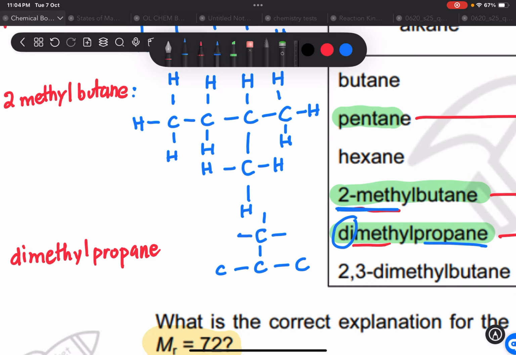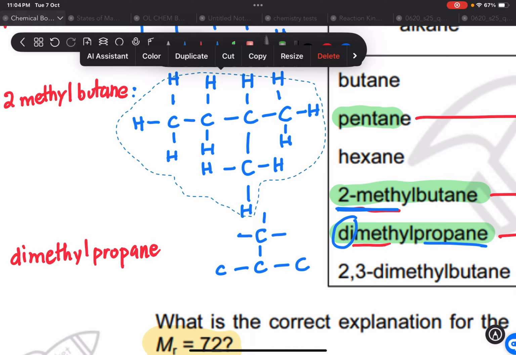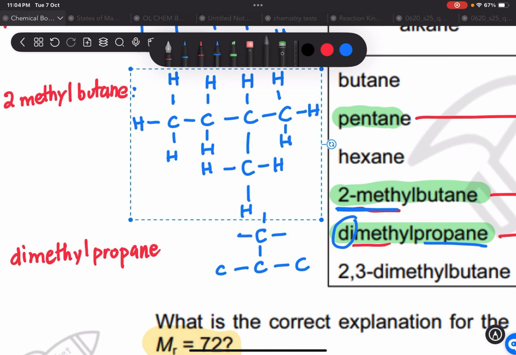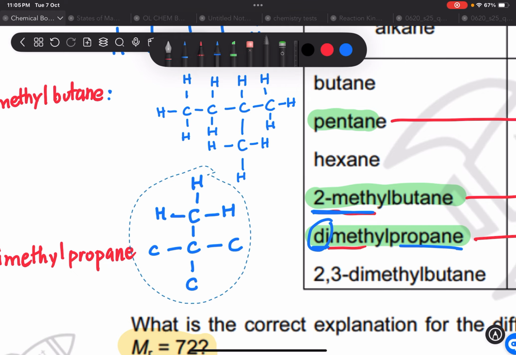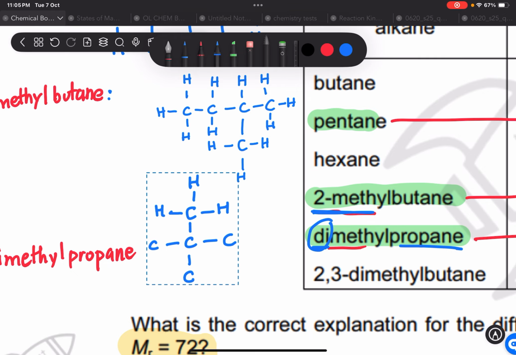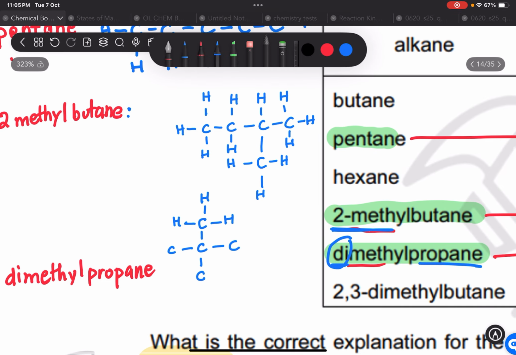Now there's not enough space to draw everything, but I'll try my best to show you guys as clearly as possible. I'll try to show it as properly as I can. Okay, now there are going to be hydrogens like this, and because it's dimethyl, we have to attach 2 methyl groups. Okay, like this.